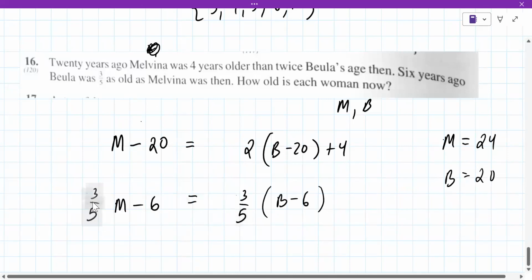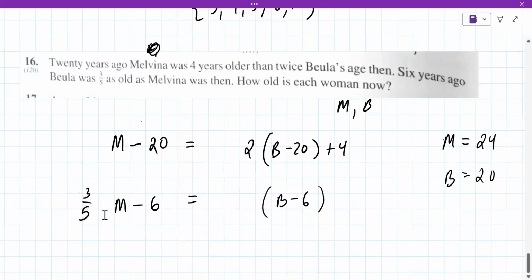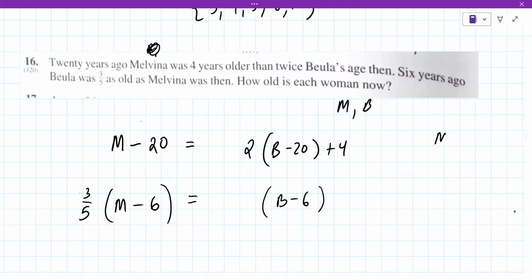So that looked to be in the wrong place. Okay, that's the issue with what I've got there. Yeah, okay. So these are way off here. So Melvina is 56 and Beulah is 36.